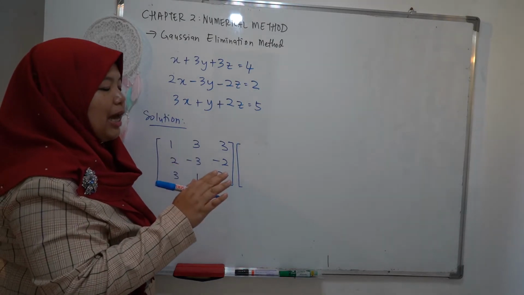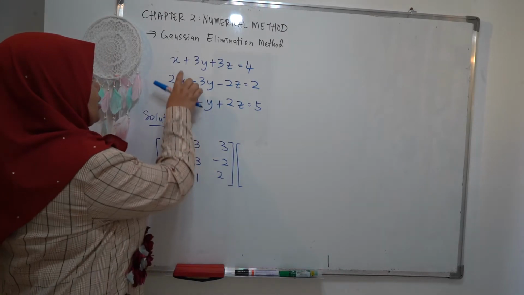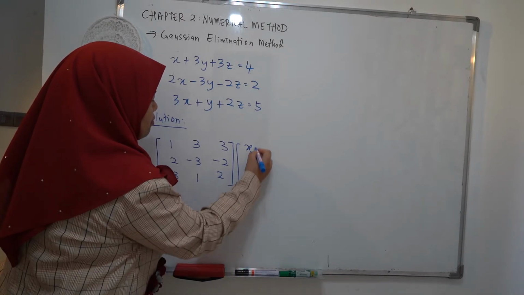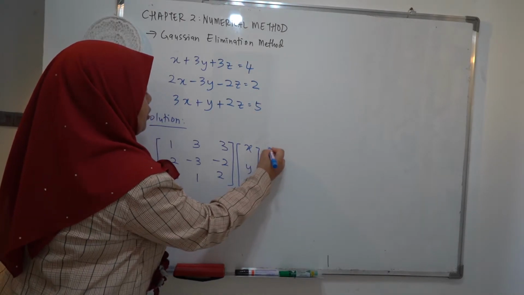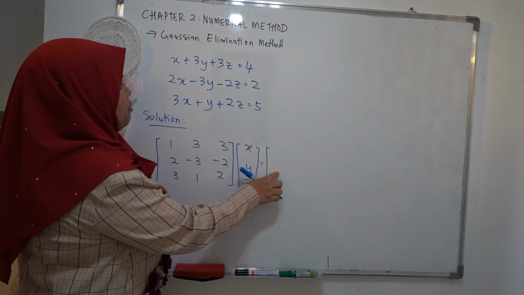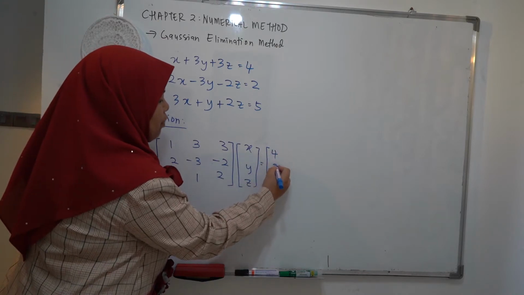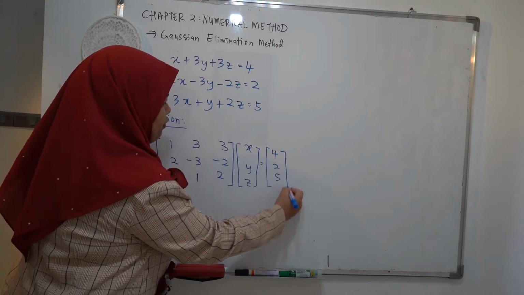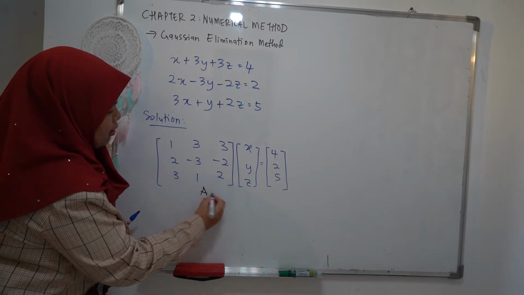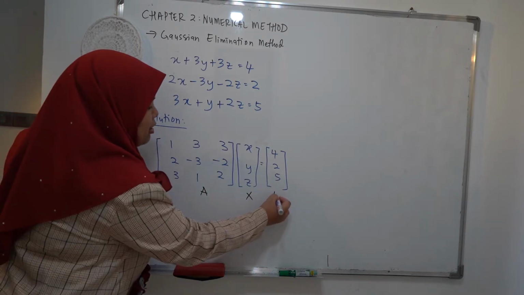For the matrix X, we just take the variables in the equation, which are x, y, z. How about the matrix B? For the matrix B, we just take the numbers after the equal sign, which are 4, 2, 5. So this is the matrix A, this is the matrix X, and this one is the matrix B.